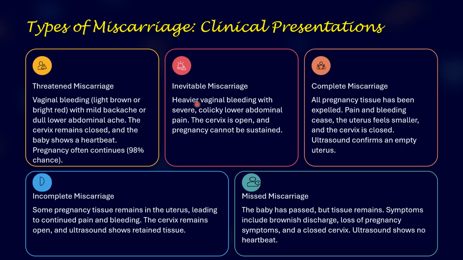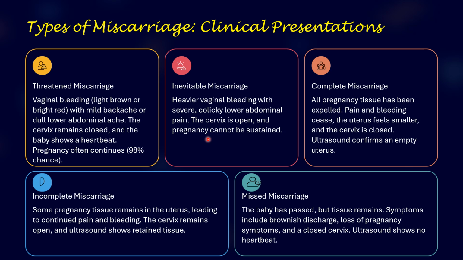Inevitable miscarriage is number two, where there is heavy vaginal bleeding with severe or colicky lower abdominal pain. Here the cervix is open and the pregnancy cannot be sustained.